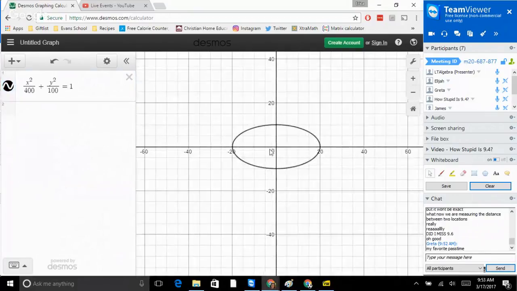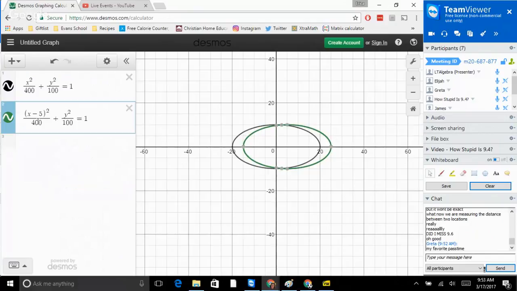What happens if we want our ellipse to actually be shifted over and to not have it centered at 0, 0? So what you're going to do is some trickery with the x, right? So if I say x minus 5 squared, you can see that that didn't pick very good colors, but it actually shifted my ellipse over by positive 5.